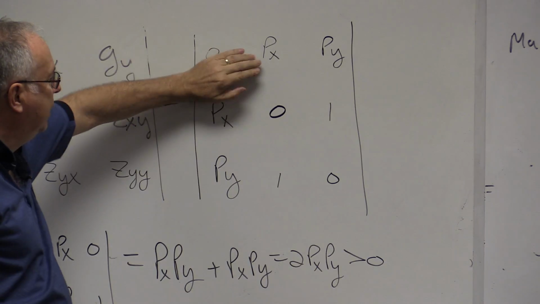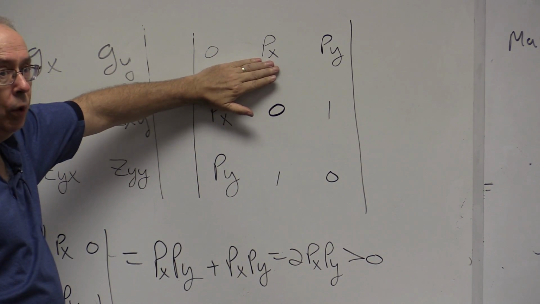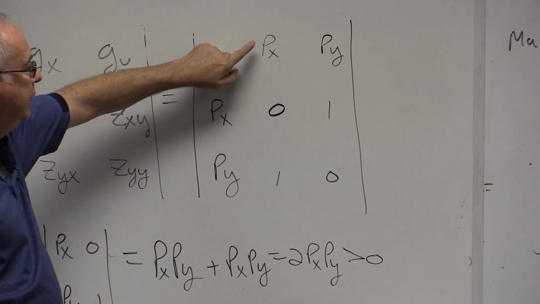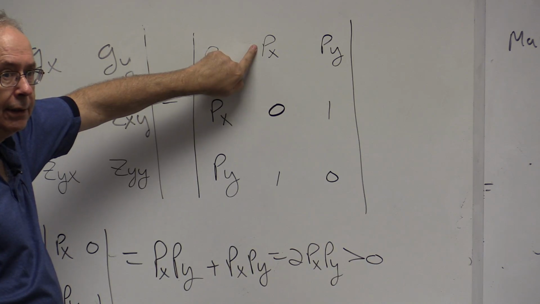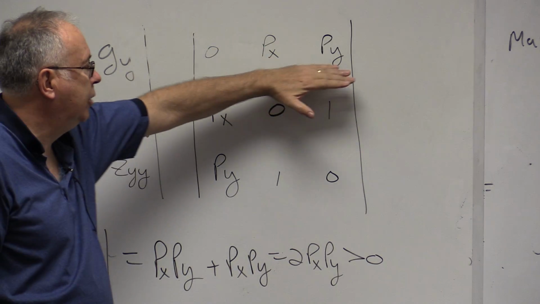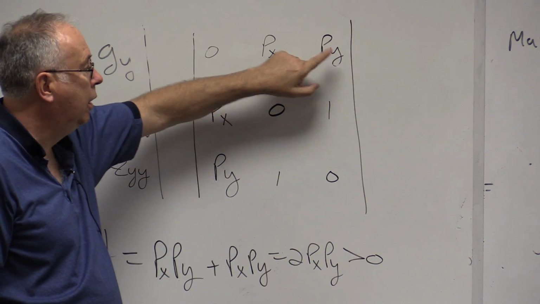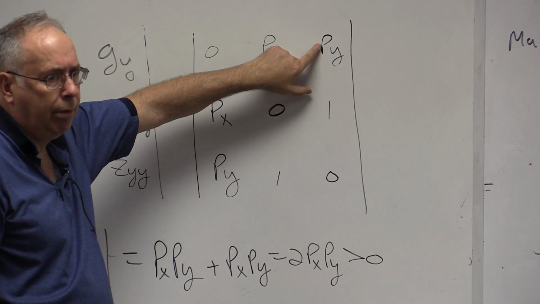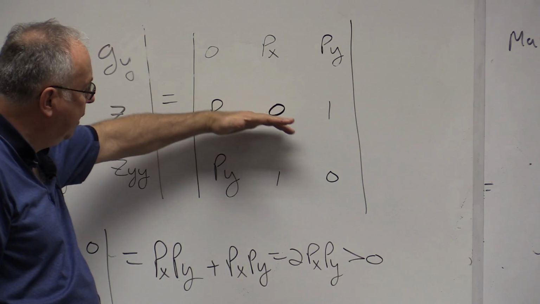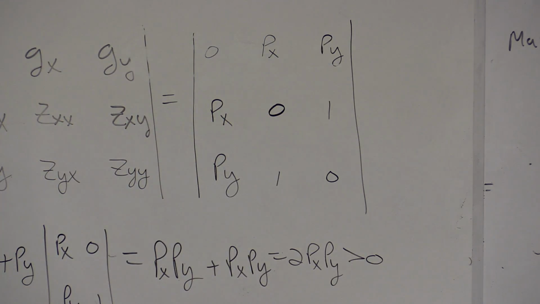This is the element 1, 2. 1 plus 2 is odd. So that's why you had to multiply this by minus. This is the element 1, 3. 1 plus 3 is 4. Even number. So you multiply that by plus 1. If you were to start with some other row, you would have to remember that to get the signs right.